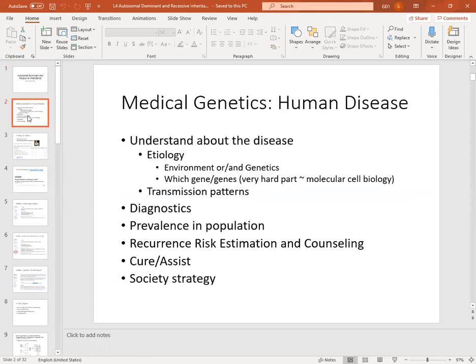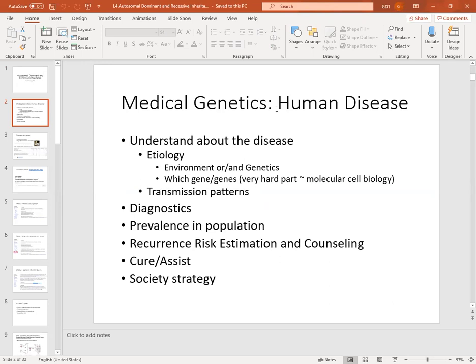So I want to outline a little bit about medical genetics again. The main target of our subject is human disease, right? Like I also mentioned, we can apply it to another species' disease, but human is the most important. A lot of money and a lot of resources we spend on human research.